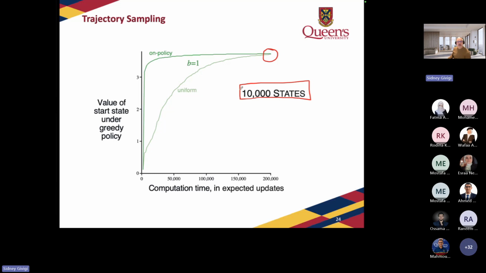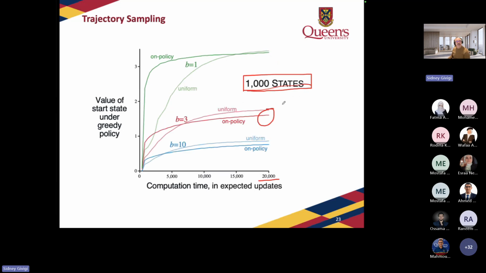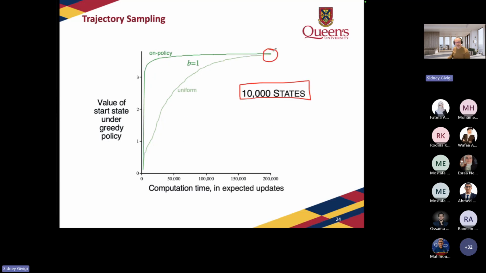And when you increase the number of states and you increase the branching factor, you're going to see an even more pronounced difference here. So imagine that you're going to do uniform sampling to solve something like chess. This is eventually going to be extremely inefficient because you're just trying to solve things with data that is not trustworthy. You cannot trust that data, okay? So keep that in mind, okay?